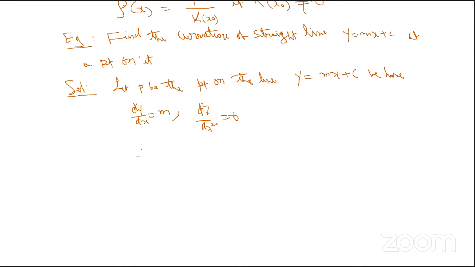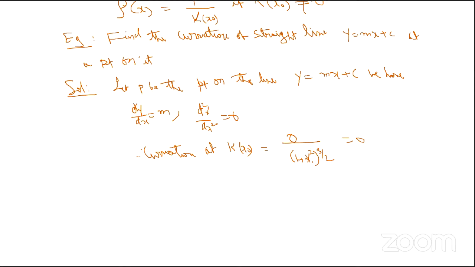Therefore curvature at x naught, k of x naught, equals 0 divided by... the actual formula is y2 by (1 plus y1 square) whole power 3 by 2, which is nothing but 0.